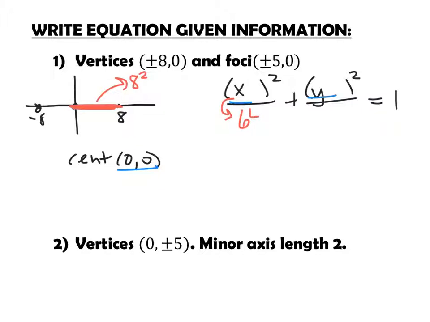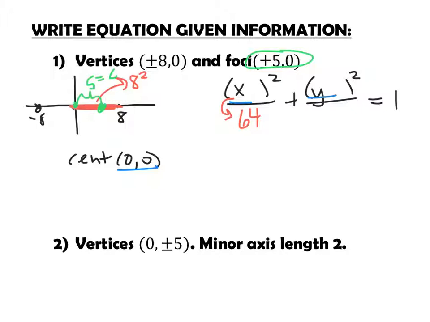Not what's first, it goes underneath x. Then the next thing that they gave me is that the foci are at plus or minus 5. So if I graph that, from my center is a distance of 5, which means c equals 5.